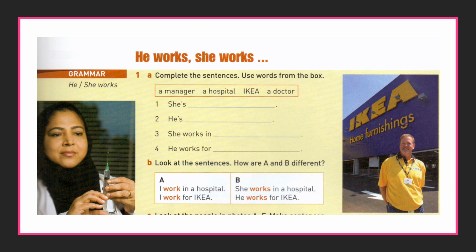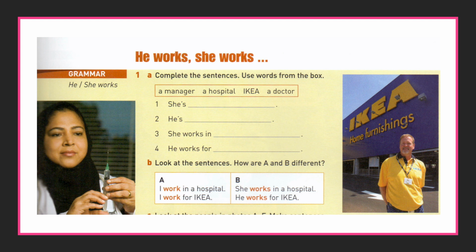Now, I want you to complete the sentences. Use the words from the box. For example, we have 4 different words: a manager, a hospital, IKEA, and a doctor. Number 1, she's a doctor.